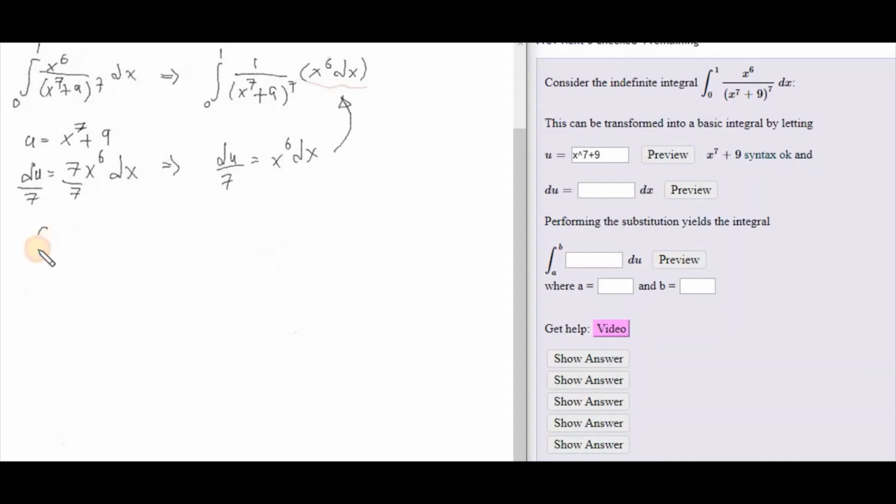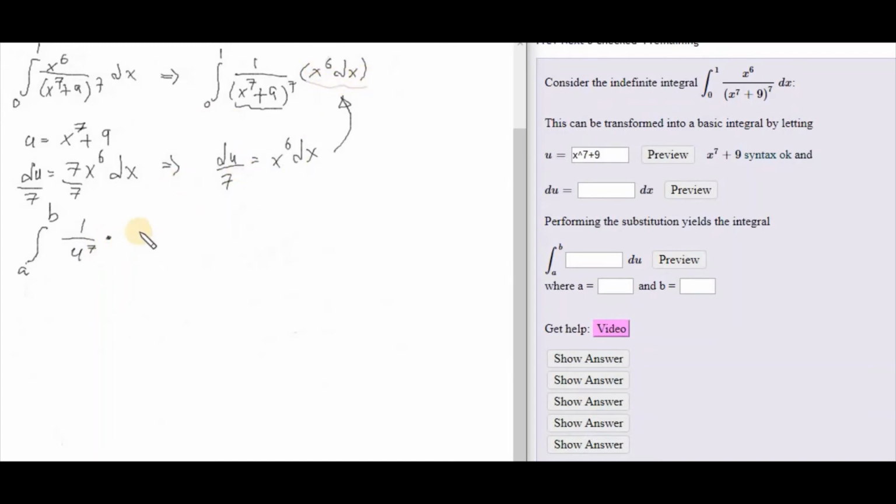So I will have the integral from a to b. It's no longer from 0 to 1 because the integrand is going to change into a function in terms of u, and the differential is going to be in terms of u as well. So this will be 1 over u raised to the 7th power. I just substituted u with its value times the new integrand, which is x to the 6th dx.